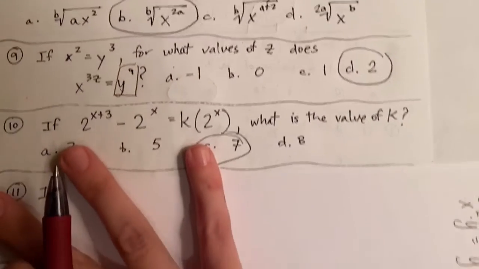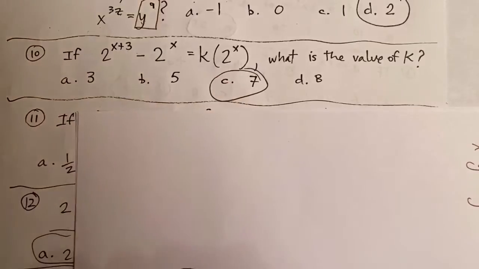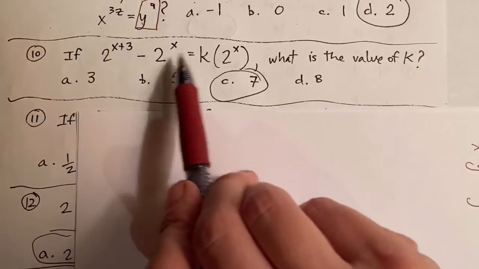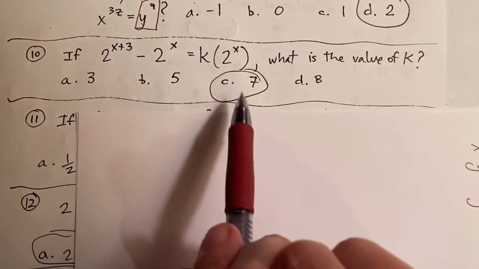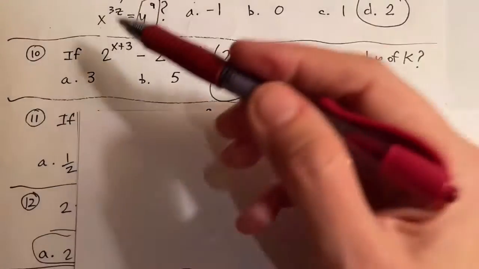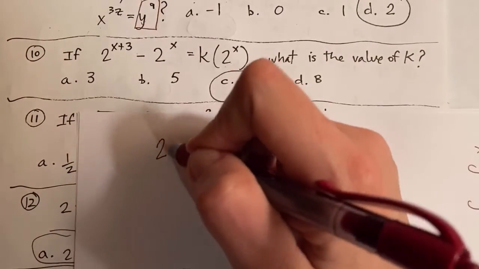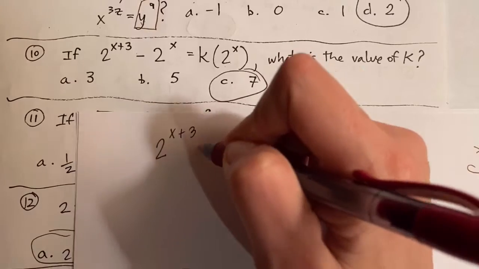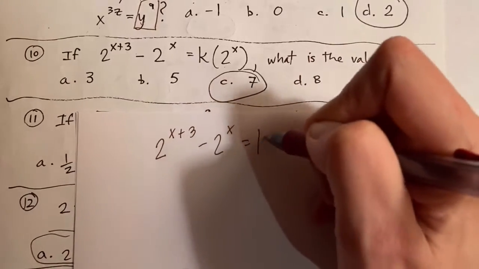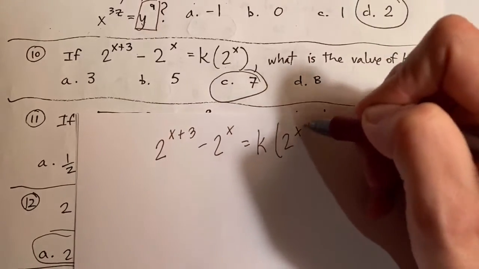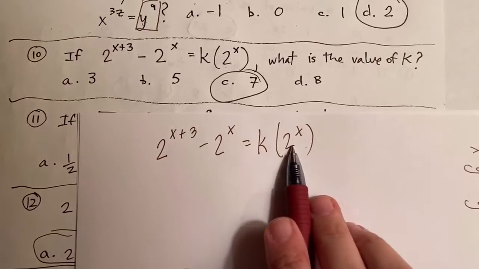When I look at question number 10, I see similar bases, and I like that because if they're the same base, I can compare them. All right, so we have 2 to the x plus 3, and I notice these are the same, so I like that.